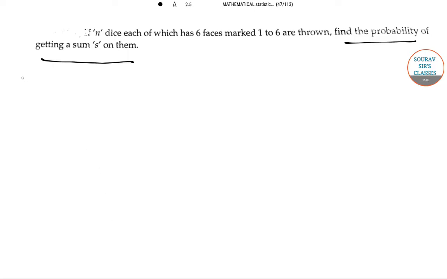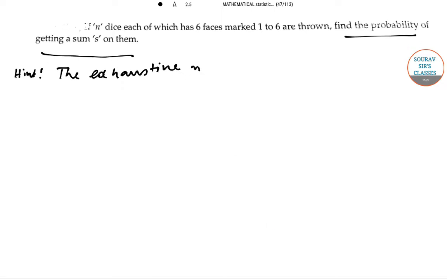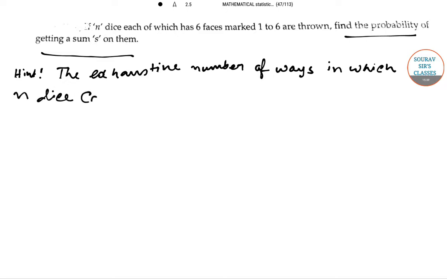For this, first we have given the hint, which is: the exhaustive number of ways in which n dice can fall is 6 to the power n.